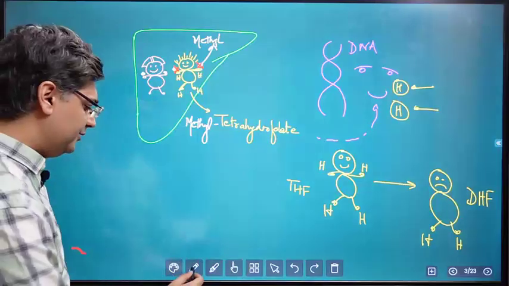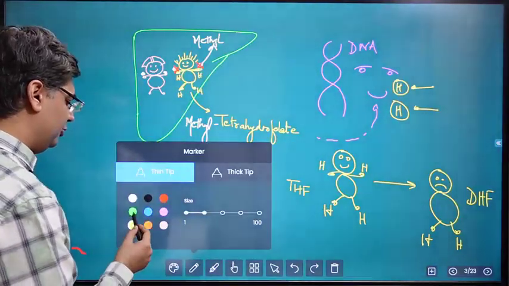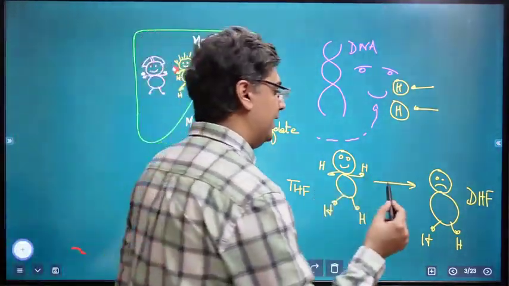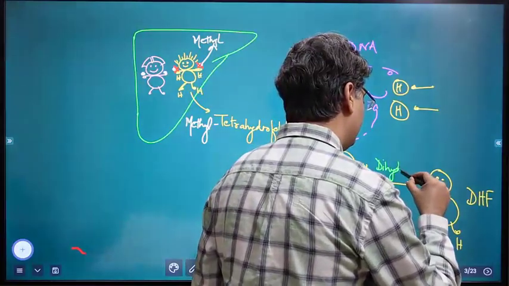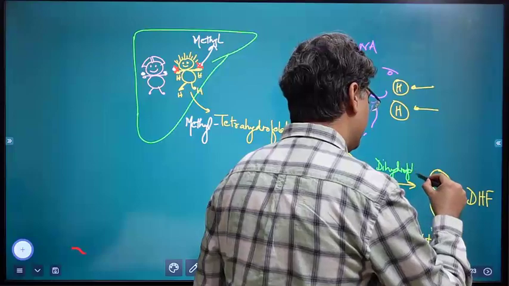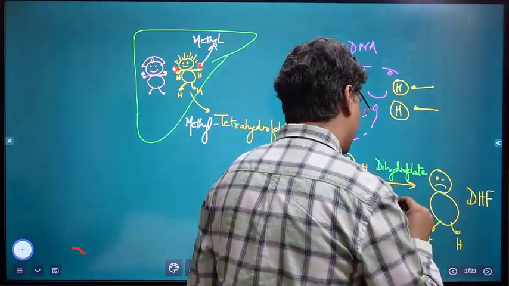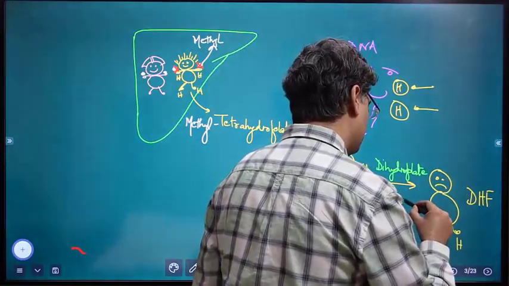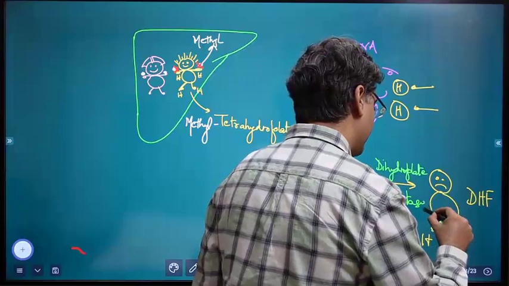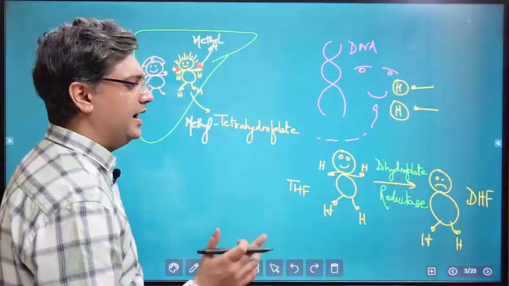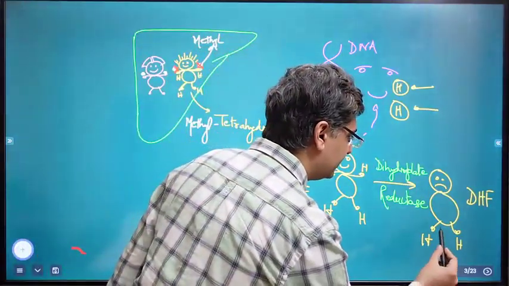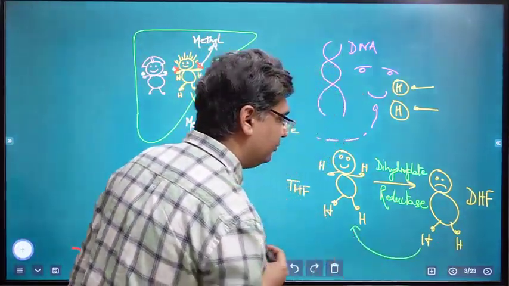This is where an enzyme comes into the picture. What is this enzyme called? This is called dihydrofolate reductase, and this reconverts the dihydrofolate back into tetrahydrofolate.